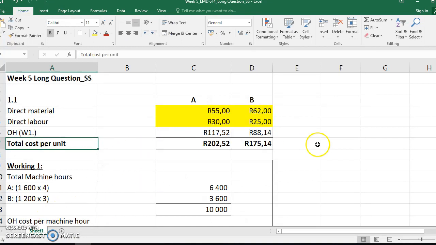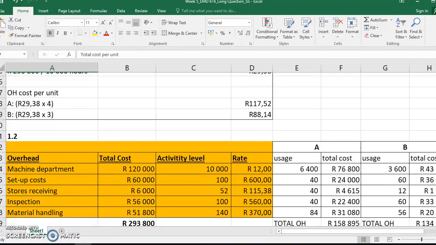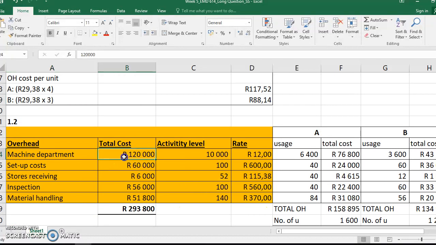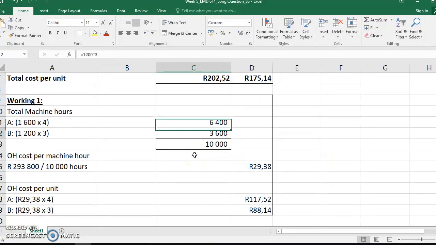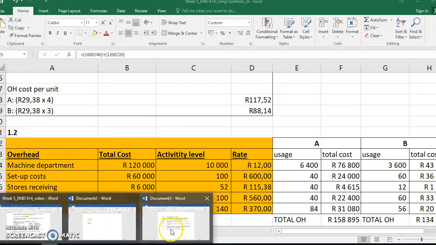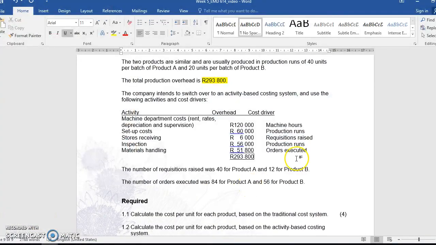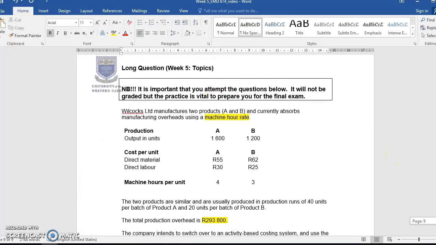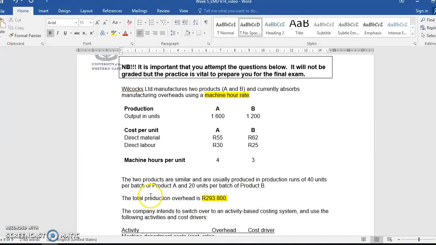You can see the memo is nicely laid out. Here we have the components of overheads, and then our different activities. For machine hours, we've already worked out that the actual machine hours is 10,000. Then setup costs. How do we get to that? Setup costs are based on production runs, and they're telling us that the two products are similar and the production runs are 40 units.